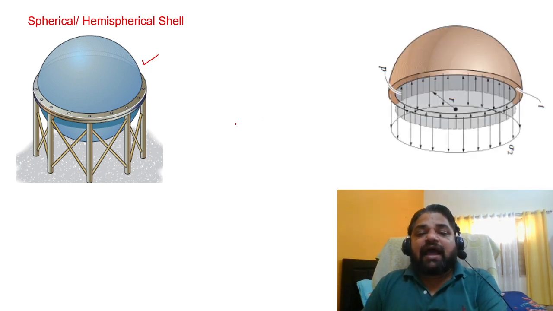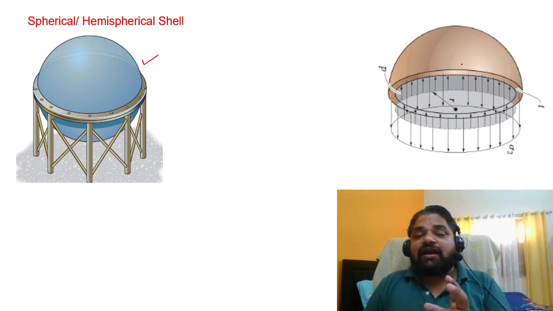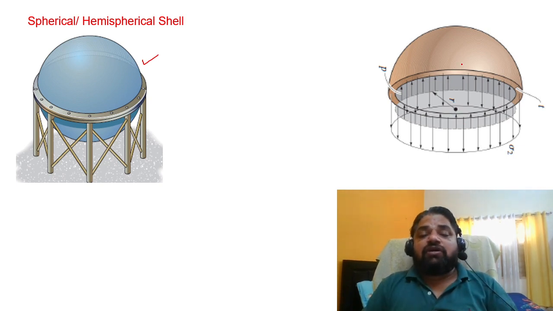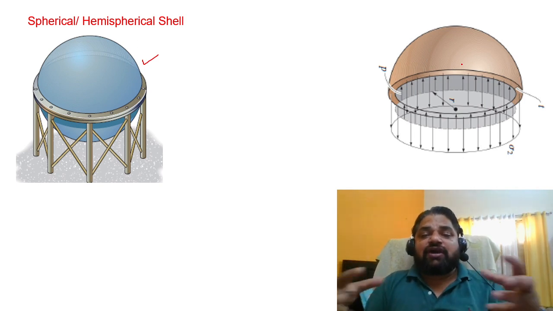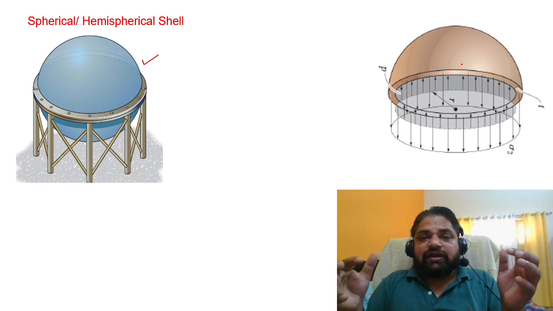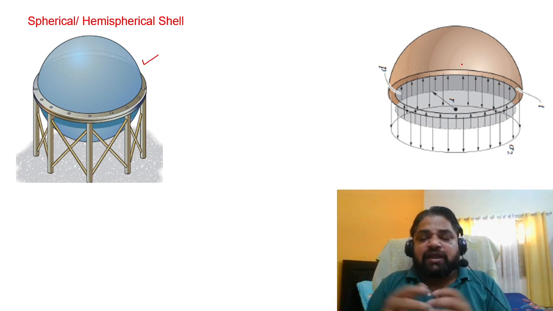In majority of applications, particularly for cylindrical shells, you have cylindrical shells with hemispherical ends. I have shown you one figure of your cooking gas cylinder. Two hemispherical ends, or two deeper hemispherical shapes, are joined with each other.